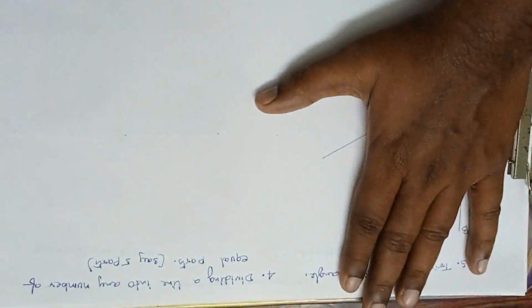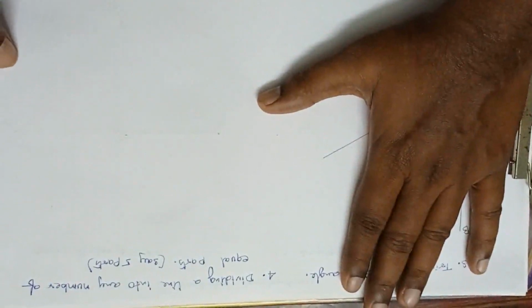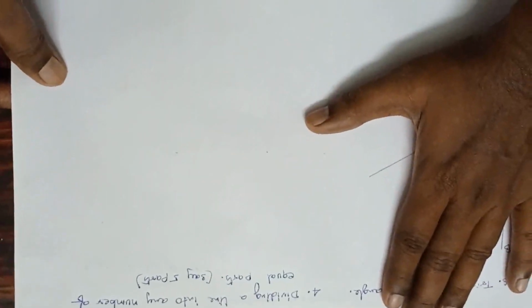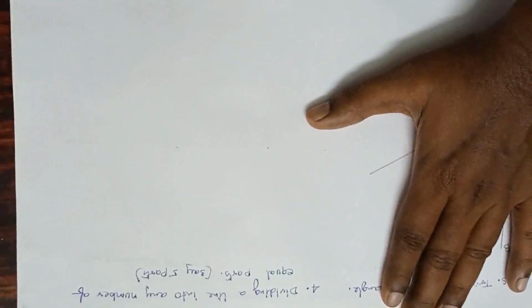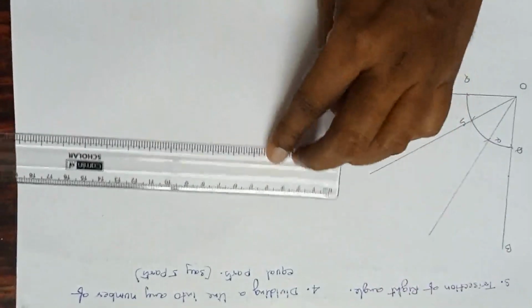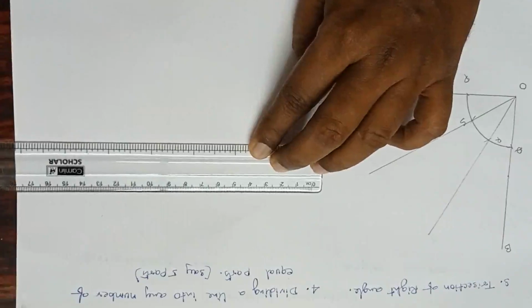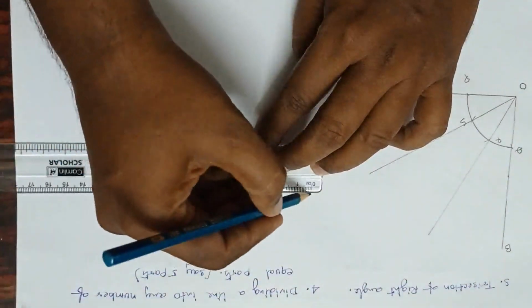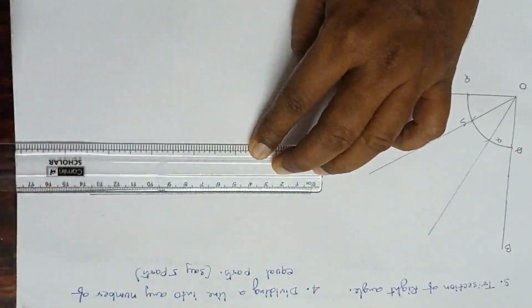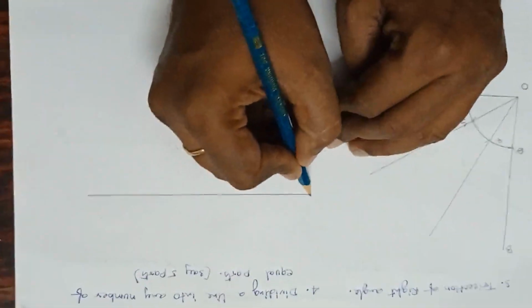Done. So first of all, I'll draw a line, some line. I don't know the length. I'll draw a line, some line, that is AB.